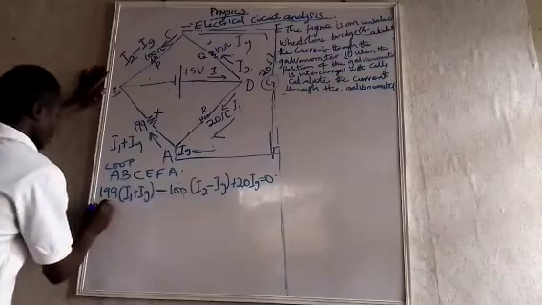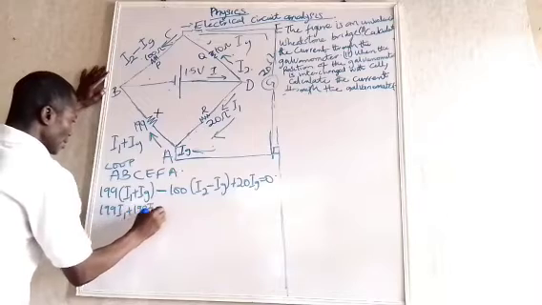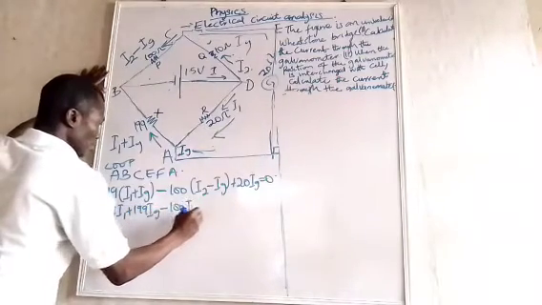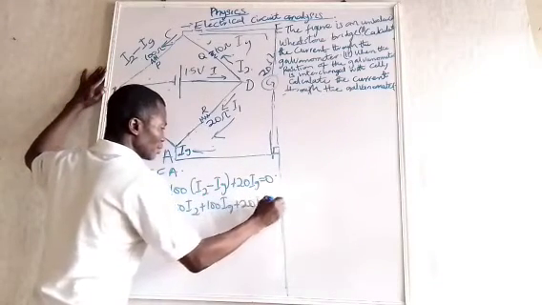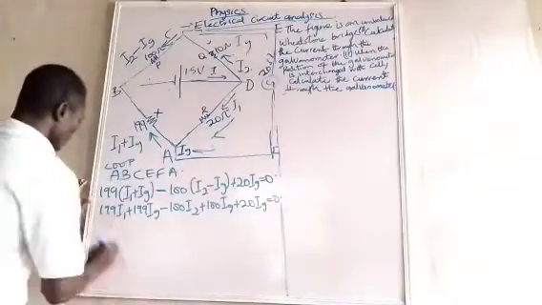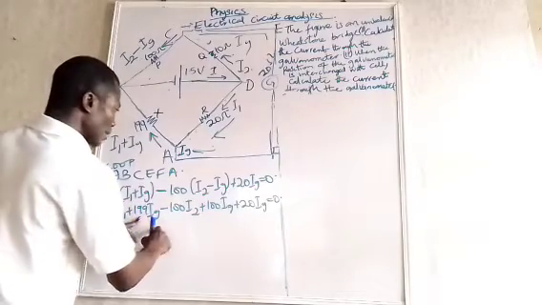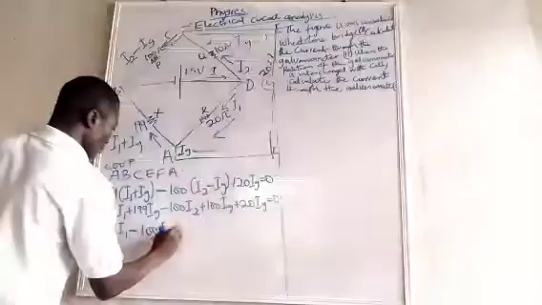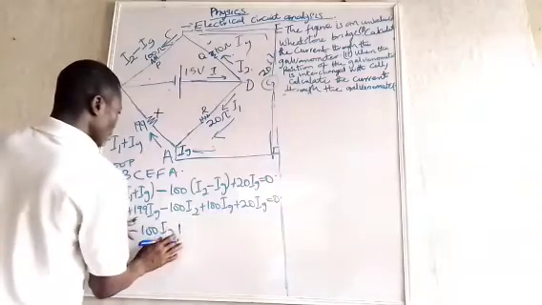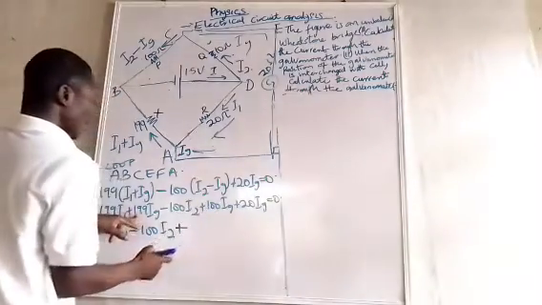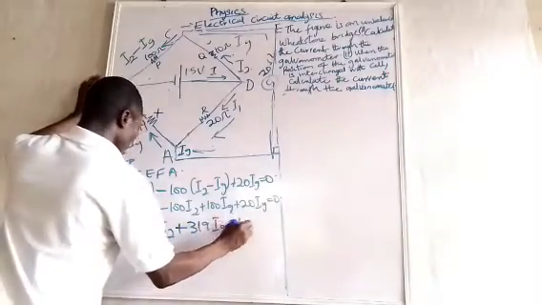So I have 199 I1 plus 199 IG minus 100 I2 plus 100 IG plus 20 IG is equal to 0. So 199 I1 minus 100 I2 plus 319 IG is equal to 0.